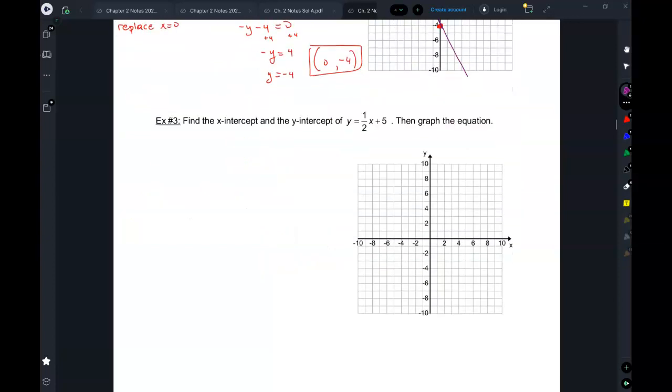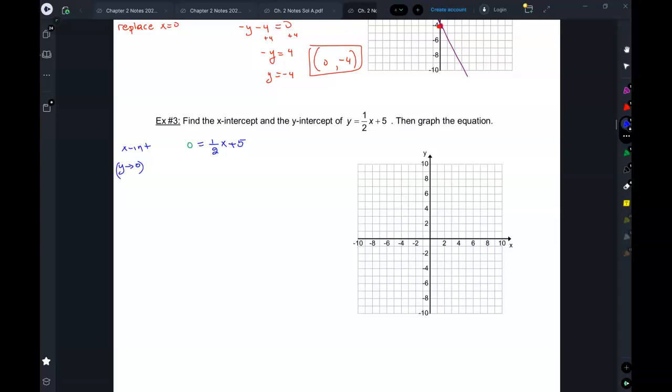All right. So here, let's find the x-intercept. Make y 0. So that's going to be 0 equals half x plus 5. Yeah?